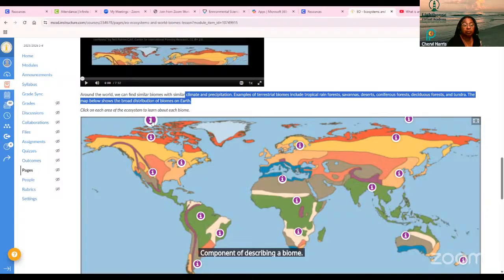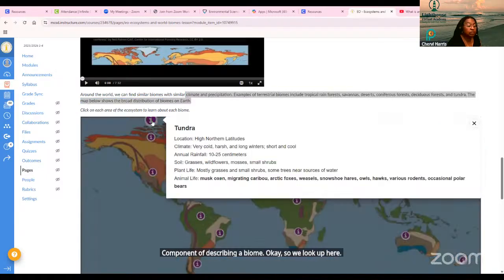I want you to take a few minutes to click on all of these and look at the descriptions of each biome. Up here in the north near Alaska, it is a tundra biome. Notice it is described by how cold it is and how much rainfall it gets.